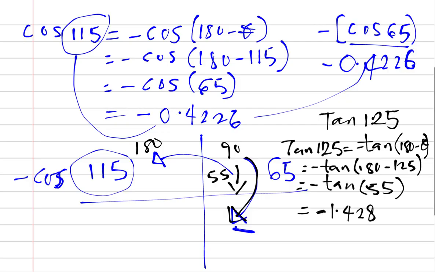And that is why if you do tan 125, you will get this answer directly: minus 1.428. And if you also do tan 55 multiplied by minus, you will also get the value. Do you understand that now? All right, so now look at the fourth one. Let's look at our fourth example.